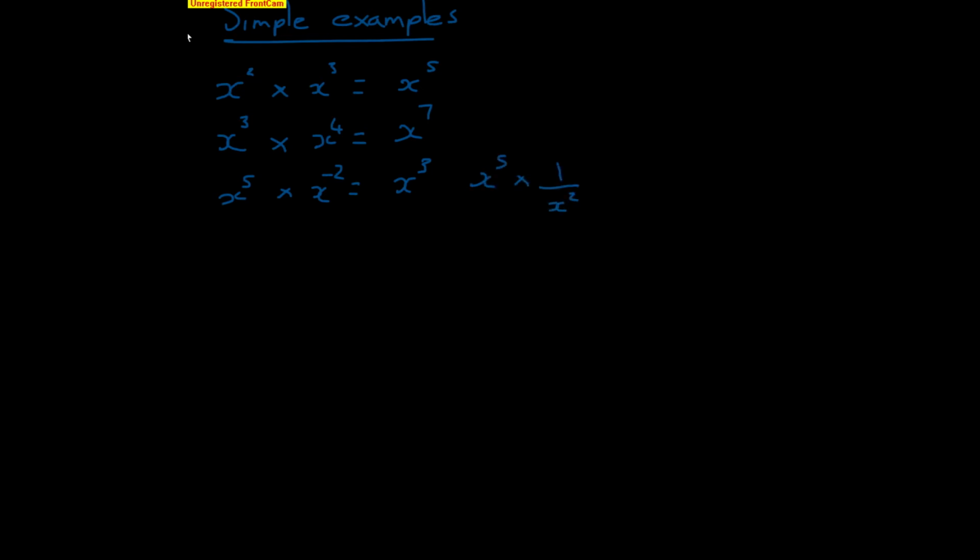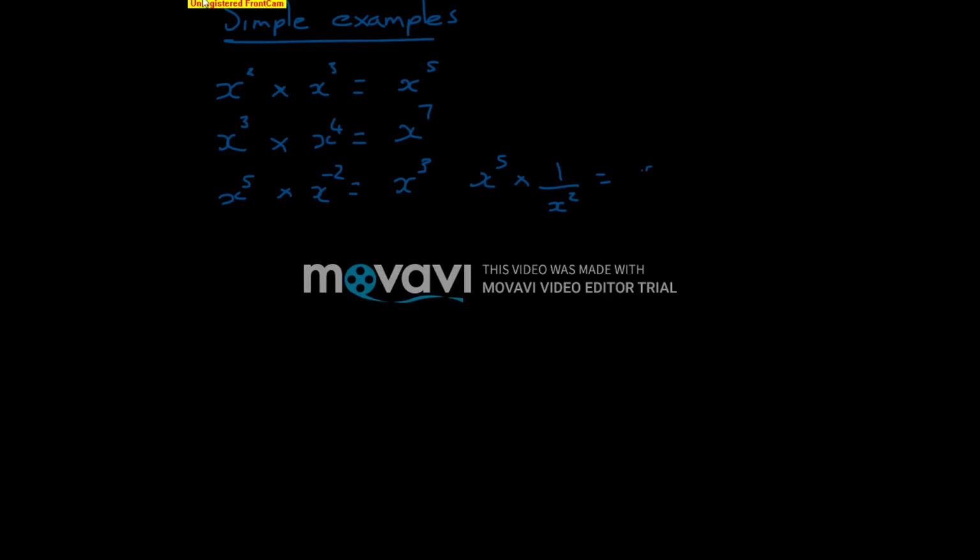So that would give you x to the 5 divided by x squared. 5 minus 2 is going to give us x cubed.